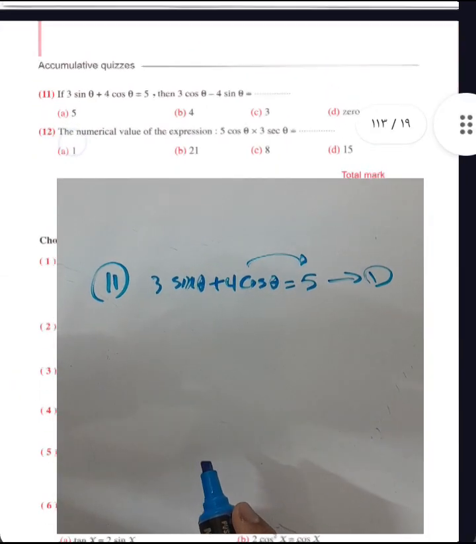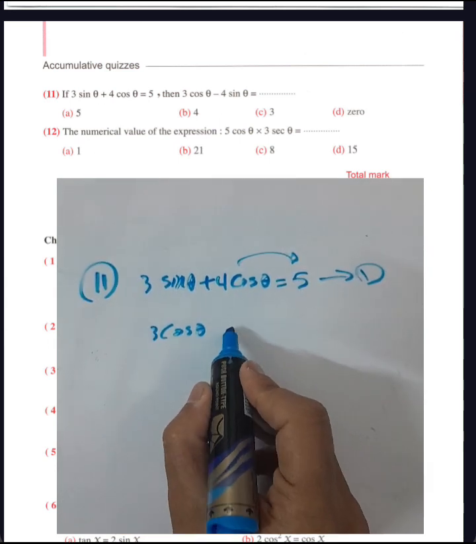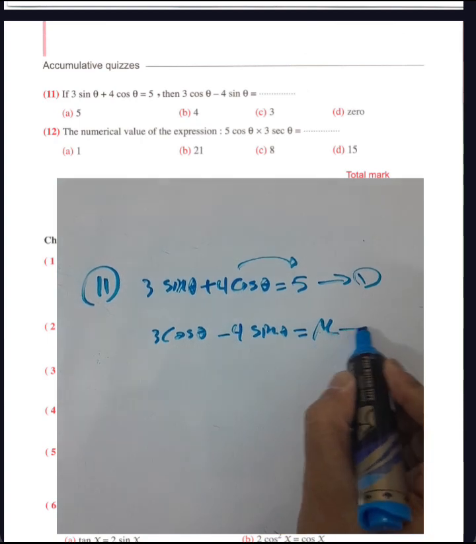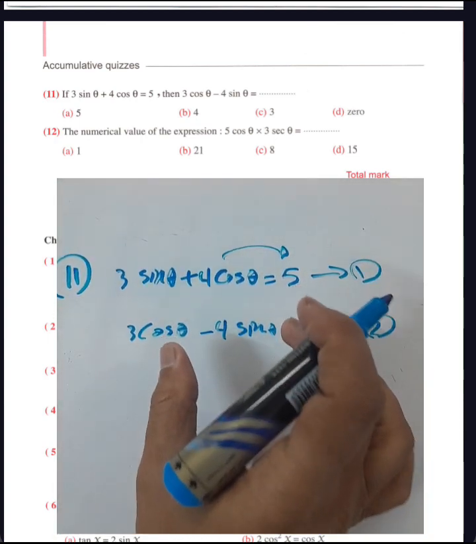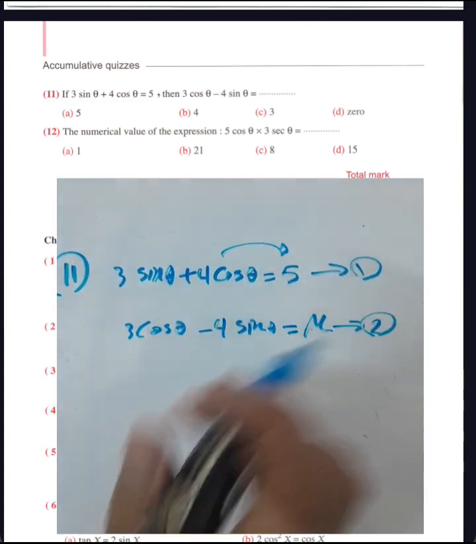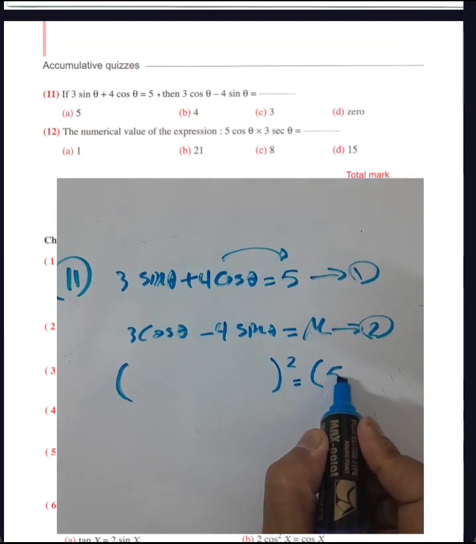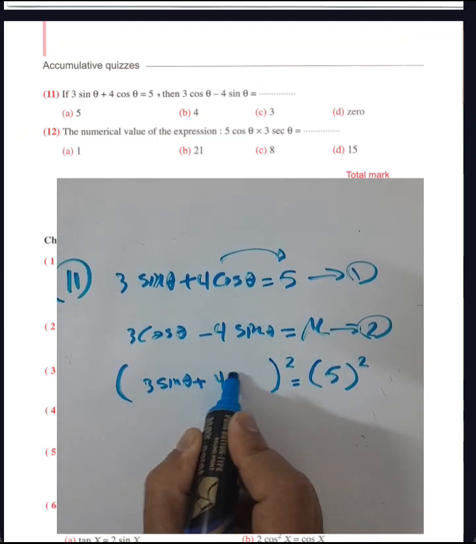3 cosine theta subtract 4 sine theta, I put it equal to m, relation number 2. Okay, relation number 1, I will find the power 2 of the left hand side and right hand side. Power 2 here, 3 sine theta plus 4 cosine theta, power 2.